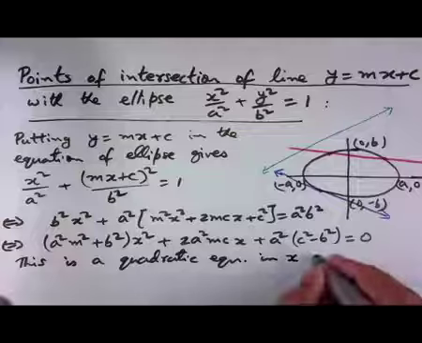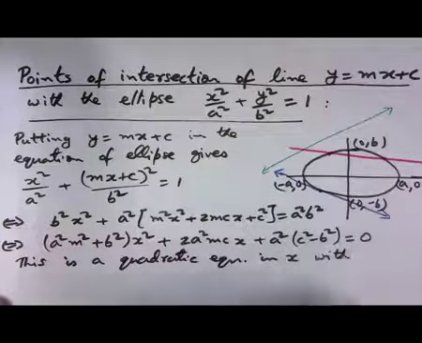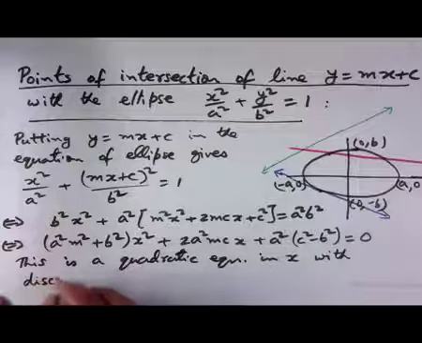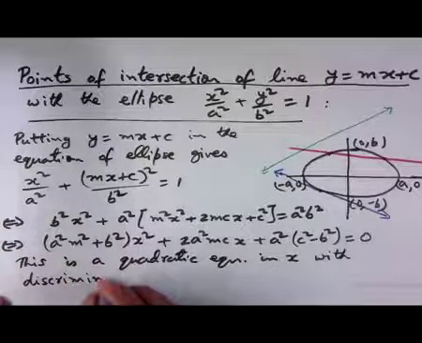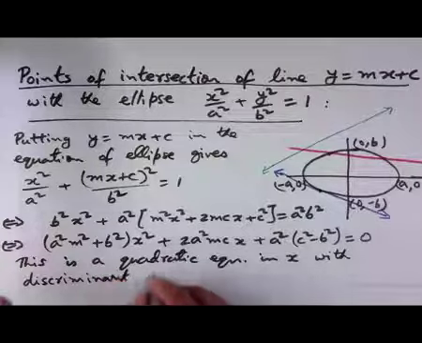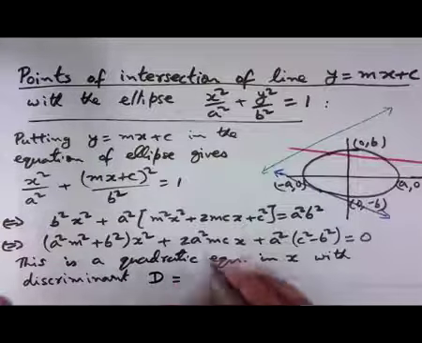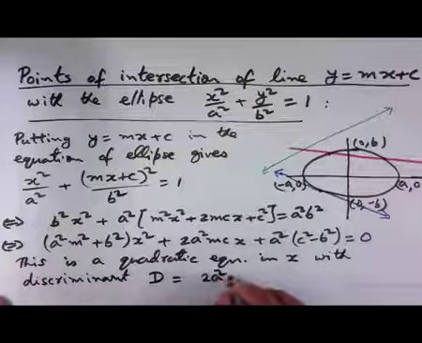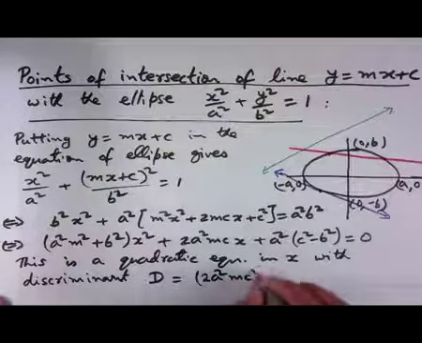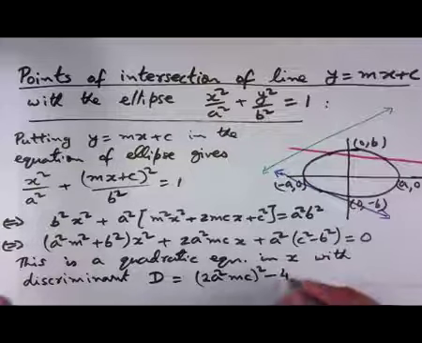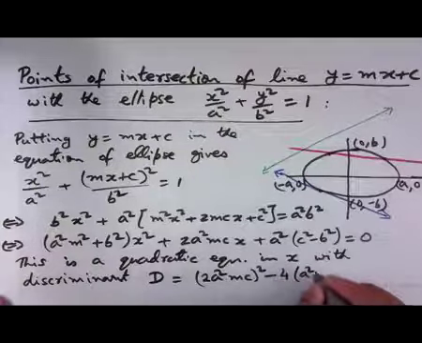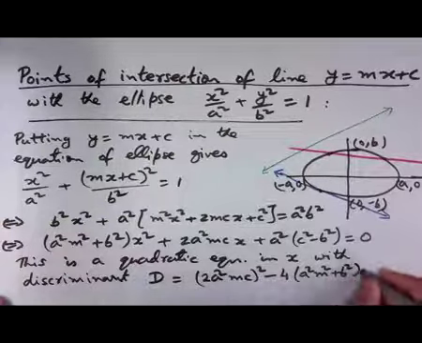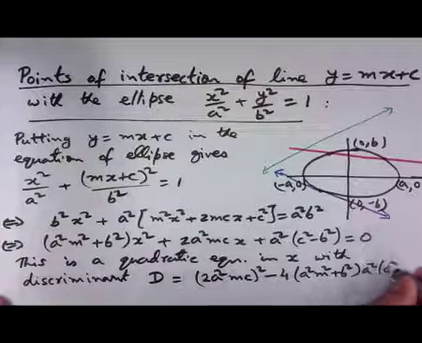and its discriminant D is equal to b square minus 4 a c, it is 2 a square m c whole square minus 4 times a square m square plus b square times a square times c square minus b square.